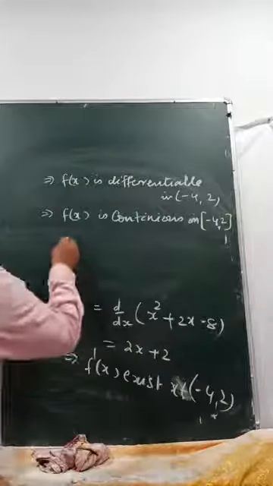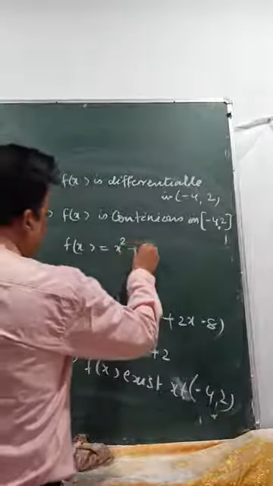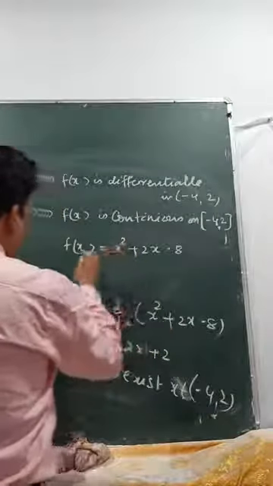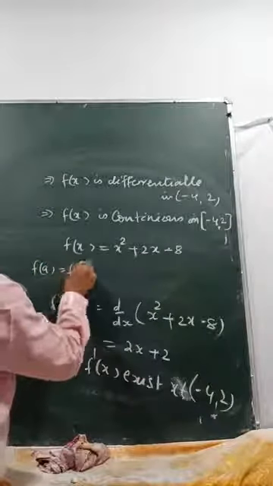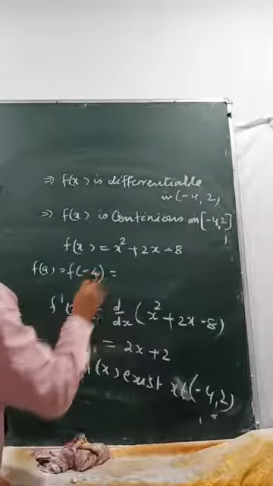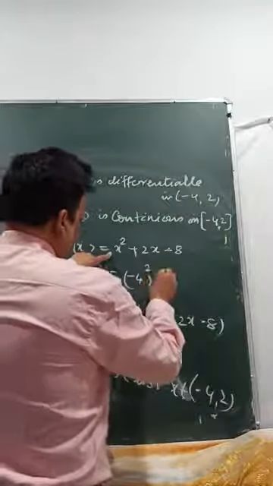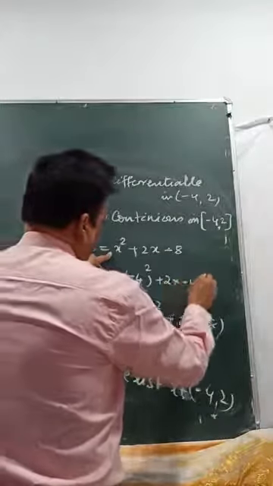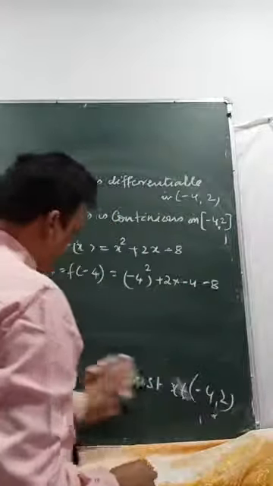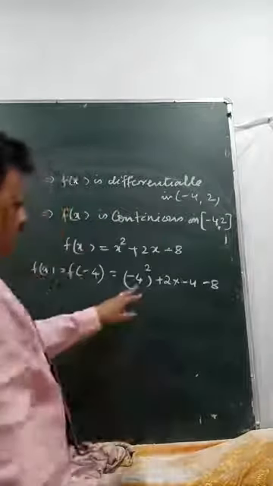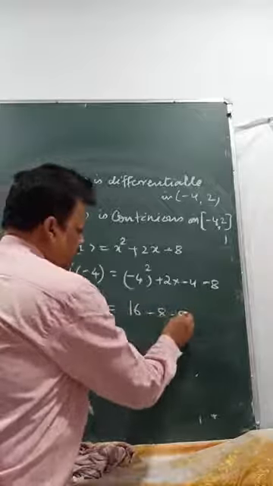Then you see, if your f(x) equals x square plus 2x minus 8, f(a) means f of minus 4. So minus 4 square, 2 into minus 4 minus 8. So what do you get here? Minus 4 square is 16 minus 8 minus 8.